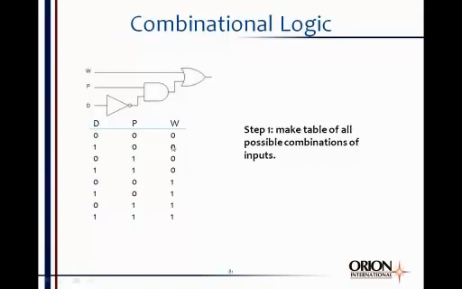And then the W will be 0, 0, 0, 0, 1, 1, 1, 1. And that is all the possible combinations. There's 8 of them. You can determine the number of possible combinations by 2 raised to the power of the number of inputs. There's 3 inputs, and 2 to the third is 8. So there's 8 possible combinations of input, and there they all are. Step 1, make a table of all possible combinations of inputs.